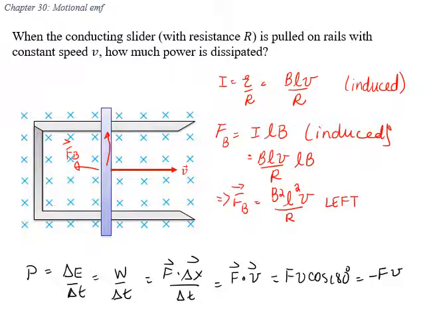Now I ran out of room a tiny bit, so I'm just going to spill down here. So that tells us that the power is minus force times velocity. Force we had above, so we'll plug that in. So our power then is minus B squared times L squared times V squared over the resistance R, where the negative sign shows that energy is dissipated.